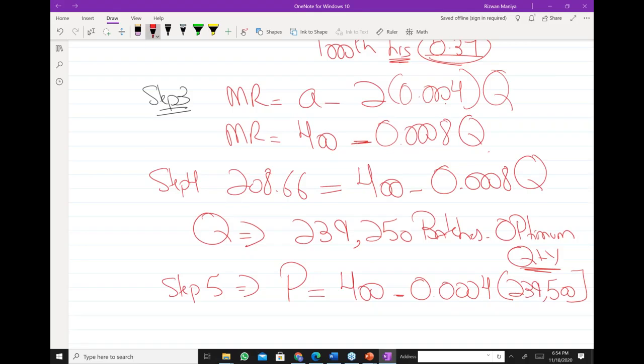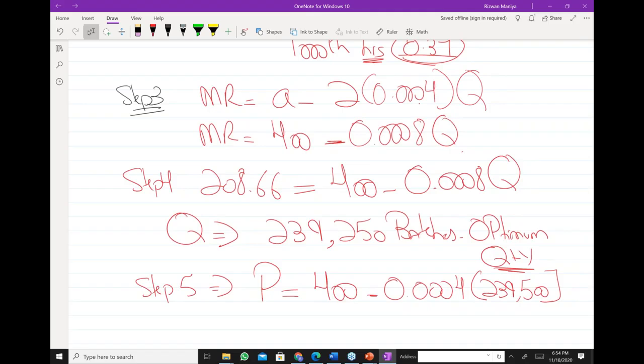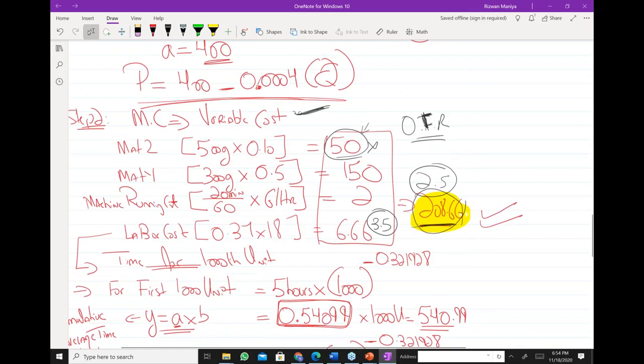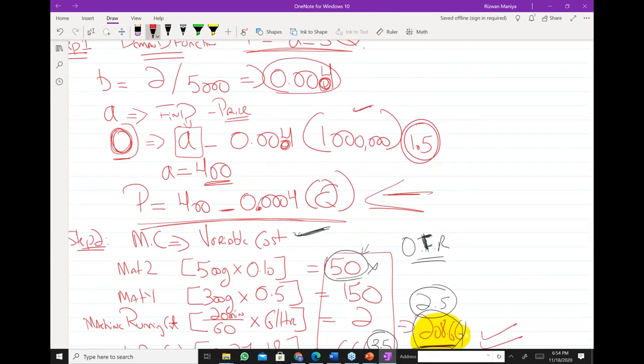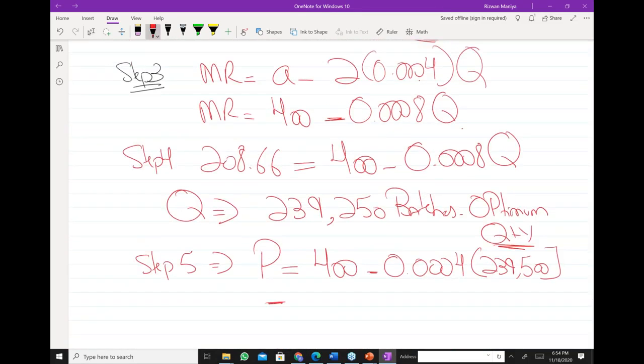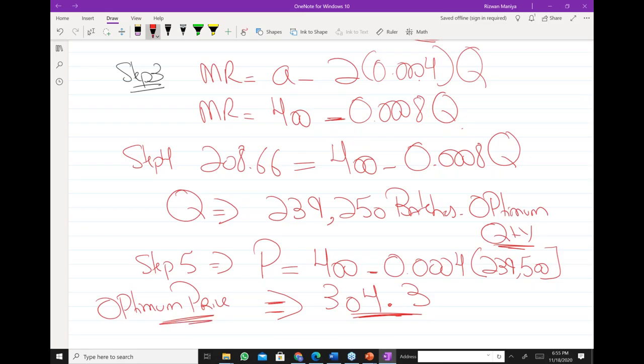Okay, guys, are you all clear? I've used demand function, the same one that was given me here. Okay, demand function, this one. So what is the price? The price is 304.3. This is your optimum price. Okay, optimum price.